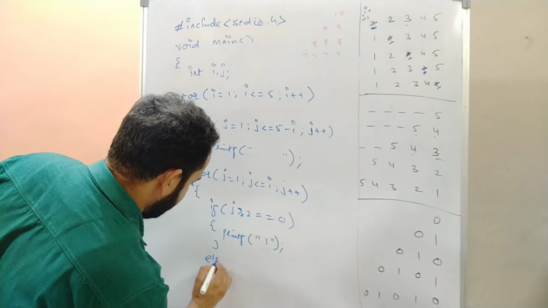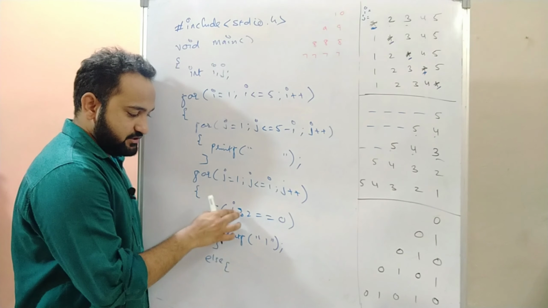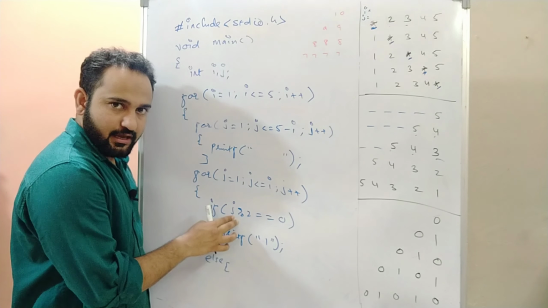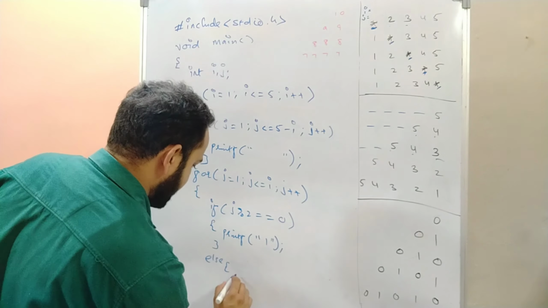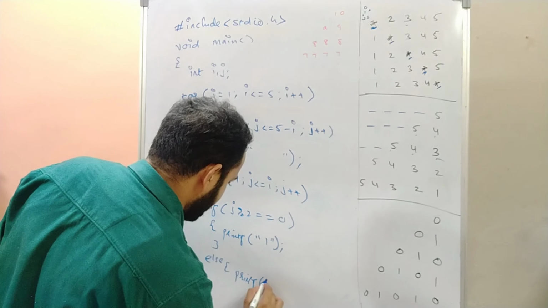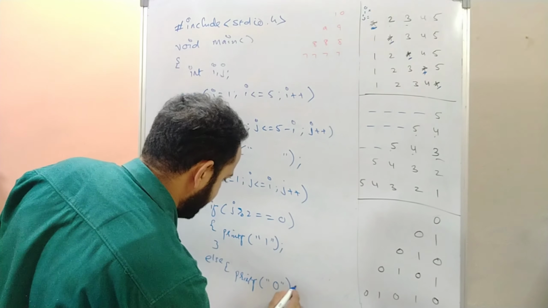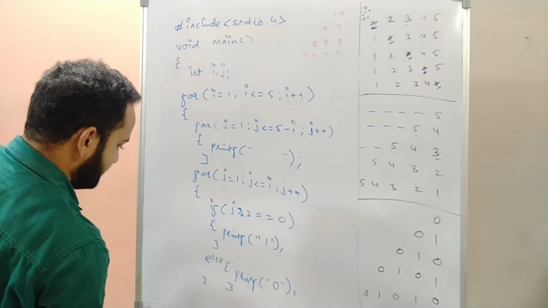Into else, what will we have, tell me? Into else it will go when the j value is odd, right? For odd, what we have to print? 0 we have to print. So into else will be printf 0 only. That's my else close, my inner for loop close.